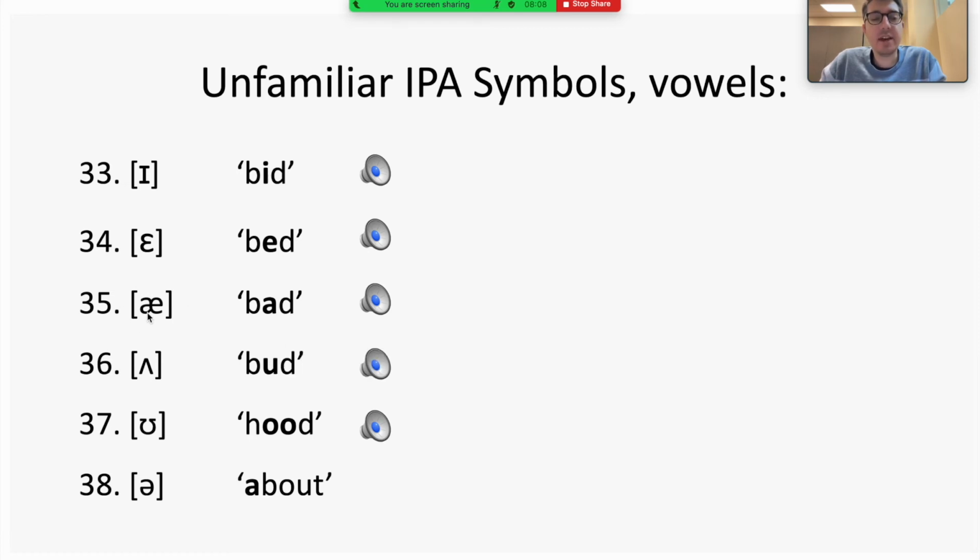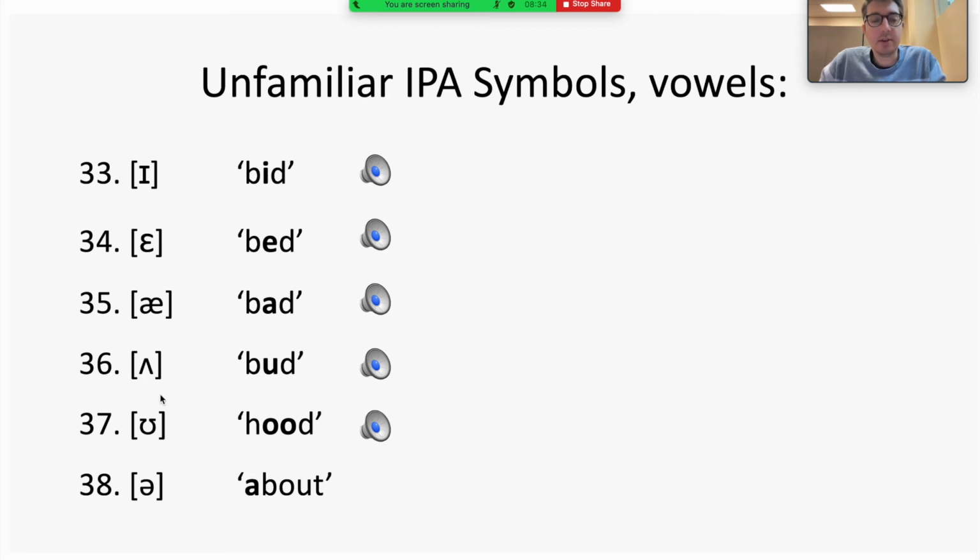This is A and E at the same time, basically trying to open your mouth for ah, but saying eh. Then bud, and hood. And about.